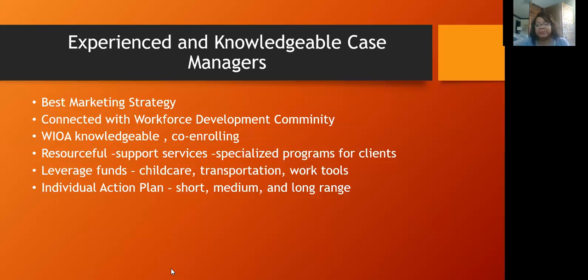We talk a little bit more about that in our online course, and it's just important to make sure that we look at a number of different factors to address individuals becoming self-sufficient, to address individuals achieving livable wage goals, and to implement a number of different strategies for success.